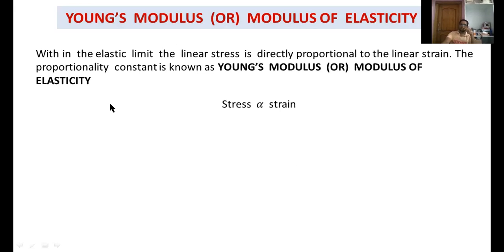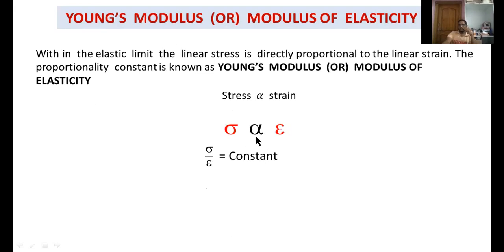It is denoted by symbol capital E. The formula for Young's modulus: the linear stress is directly proportional to linear strain. So sigma is directly proportional to strain, then stress by strain equals the proportionality constant.